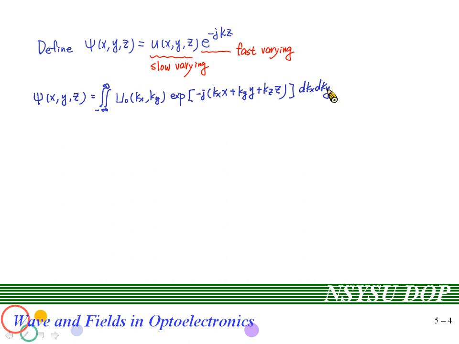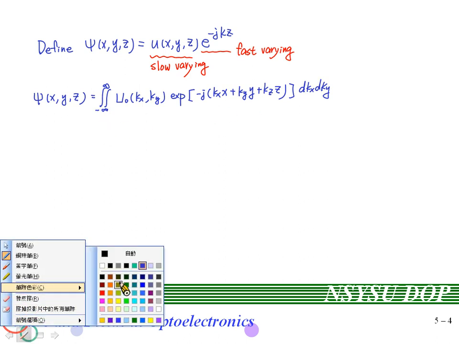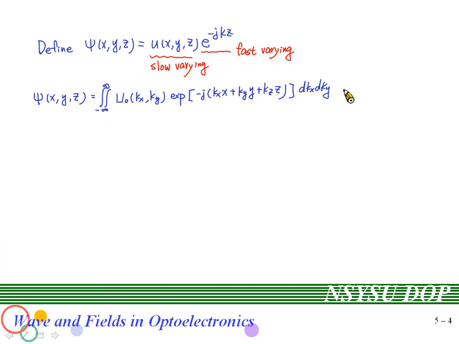Okay, as you can see, we have expressed the phi function in terms of a lot of plane waves. This expression is based on the fact that any function can be expressed as a linear combination of plane waves.